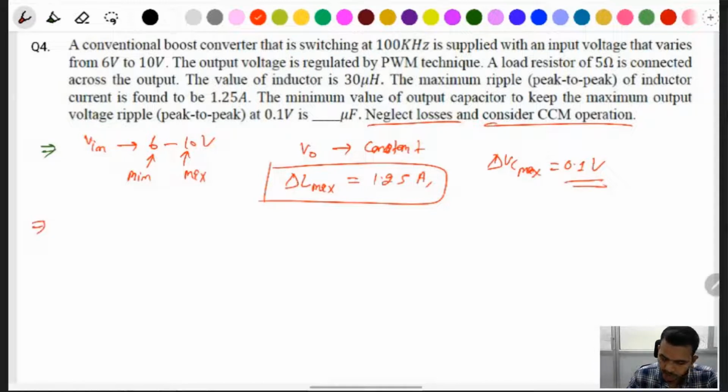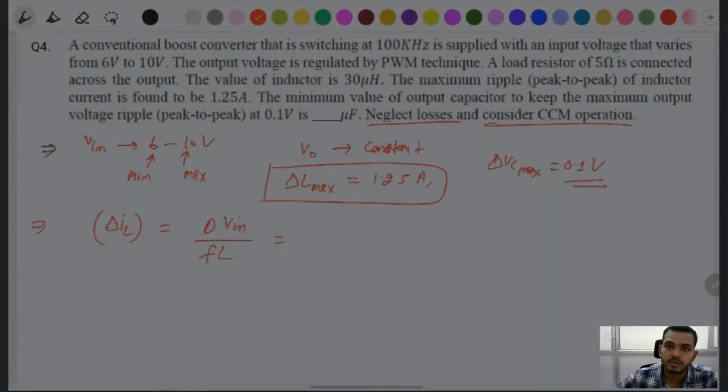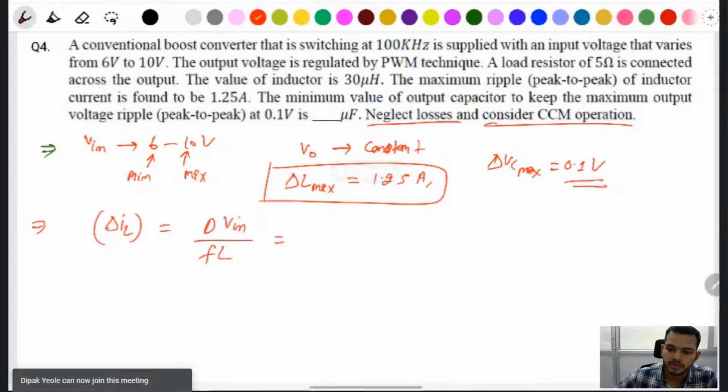First of all, this information is given: delta IL is equal to maximum delta IL 1.25 ampere. Then for the same boost converter, you find delta IL as D V in divided by FL.